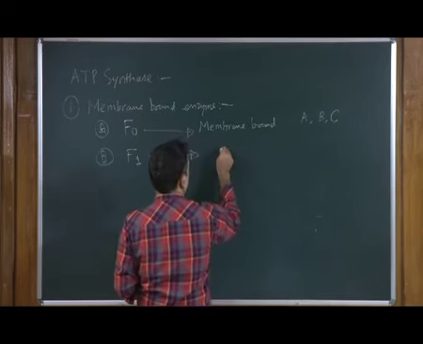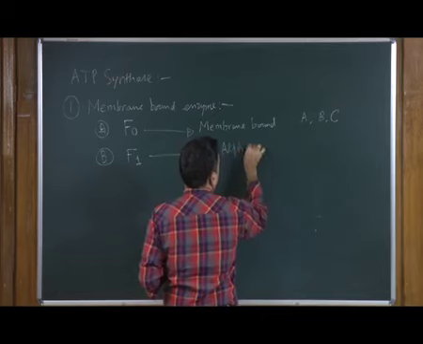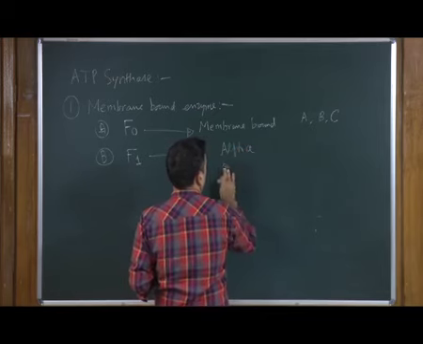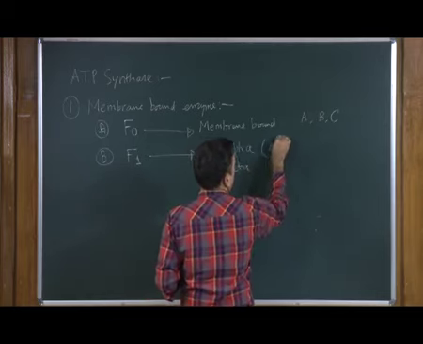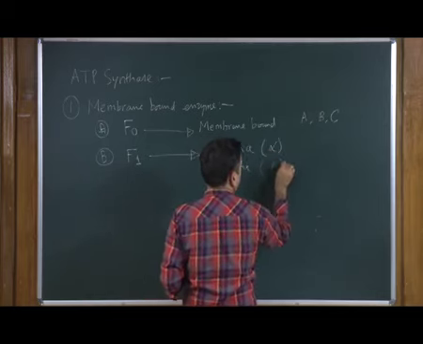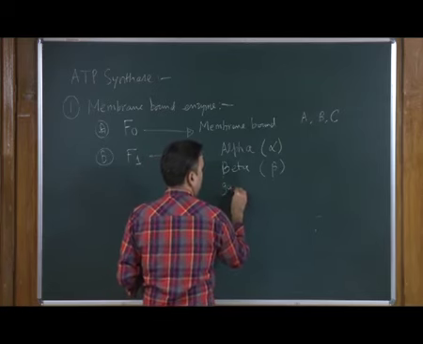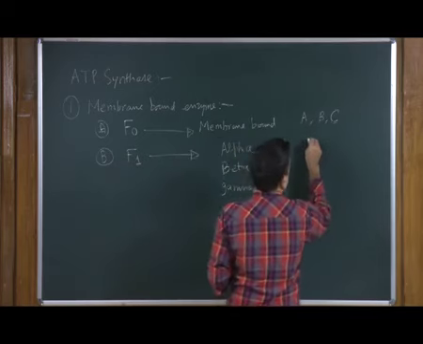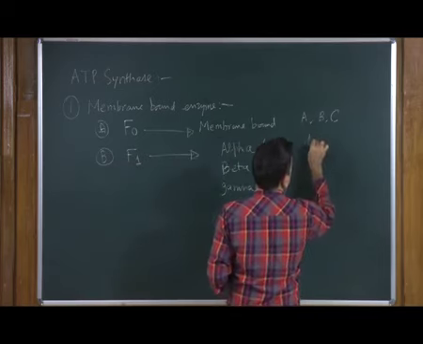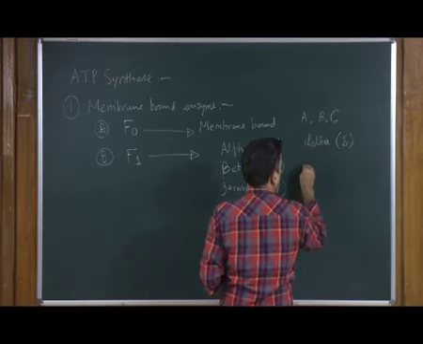proteins, and these proteins are called the alpha protein, beta protein. So, alpha, beta, gamma, delta and epsilon.